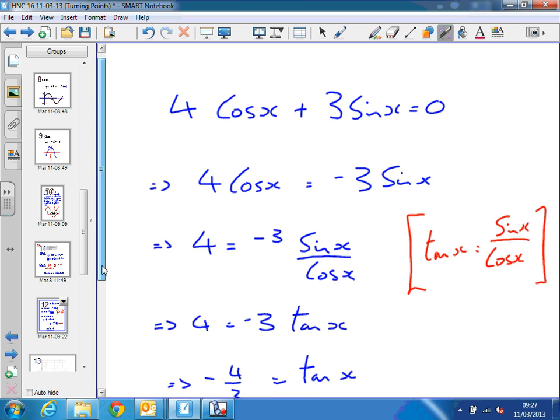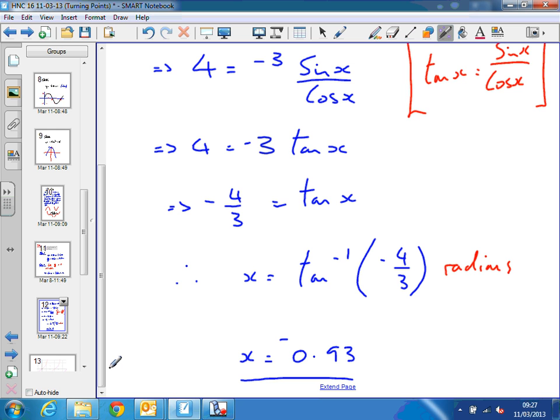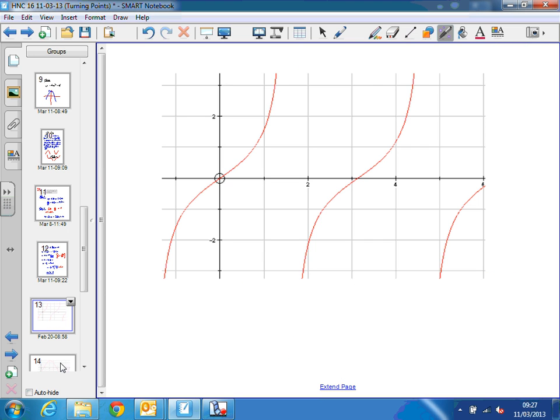So we've got that x equals the inverse tan of negative 4 over 3. And so if we plot this tangent function, then we get this. That's what the tangent function looks like, okay? And we're after negative 0.93, which is around about here. So that's negative 1, and this is 1, rather, this is negative 1.